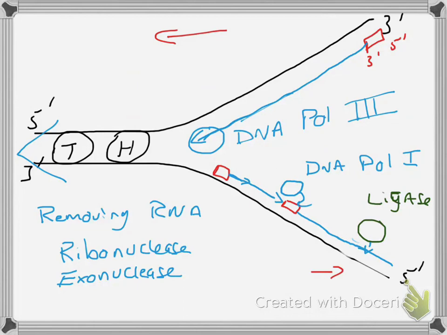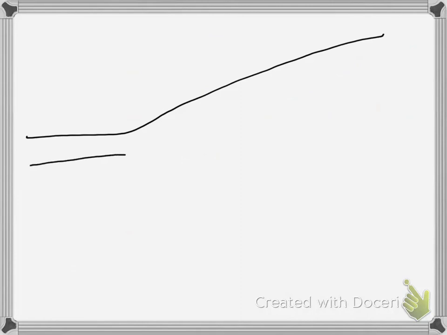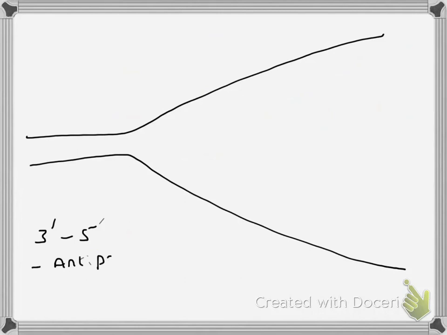So we have our leading, our lagging, and of course we have this other side of the bubble. What I suggest you try to do is take a DNA strand, just draw yourself one of these, label the top, label the bottom in terms of their 3' to 5' ends, and make sure that they are anti-parallel.